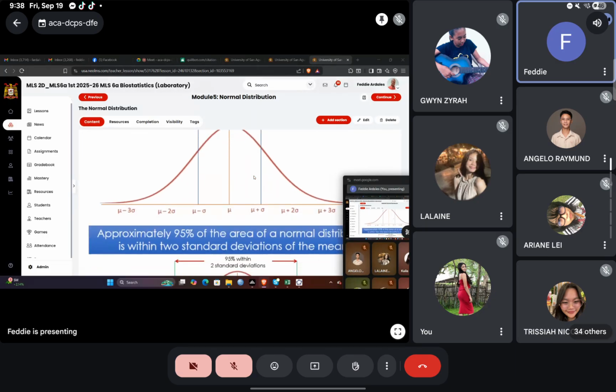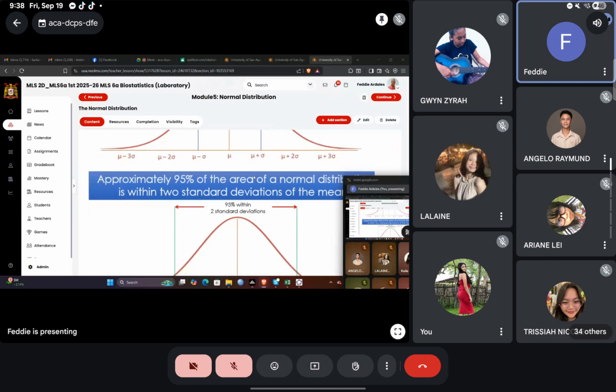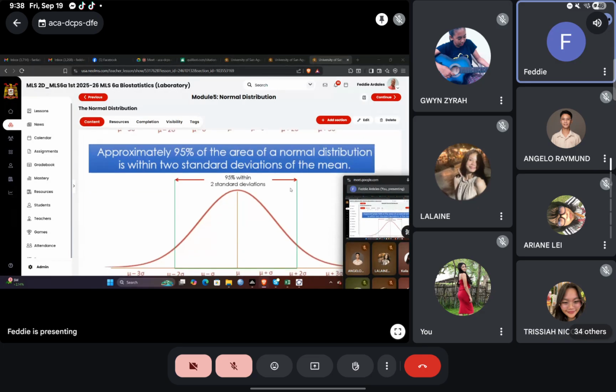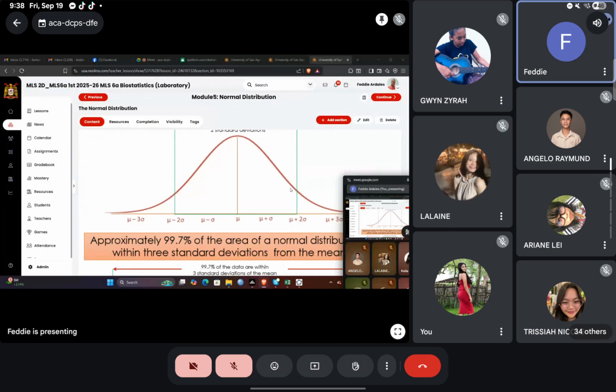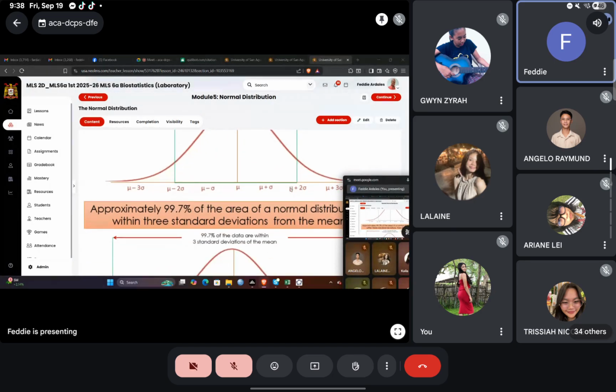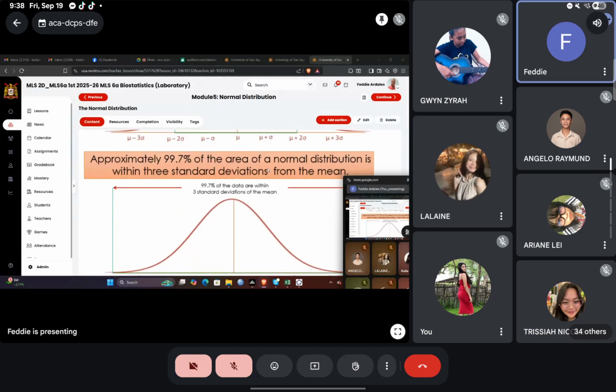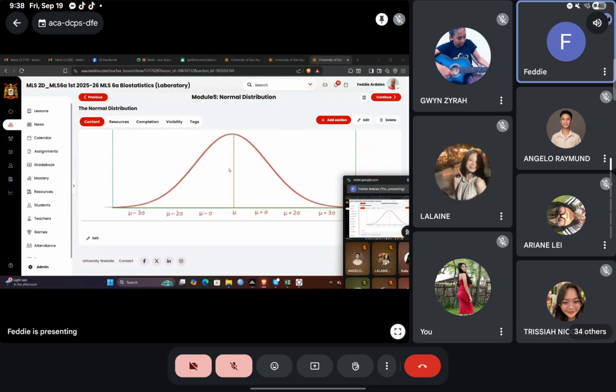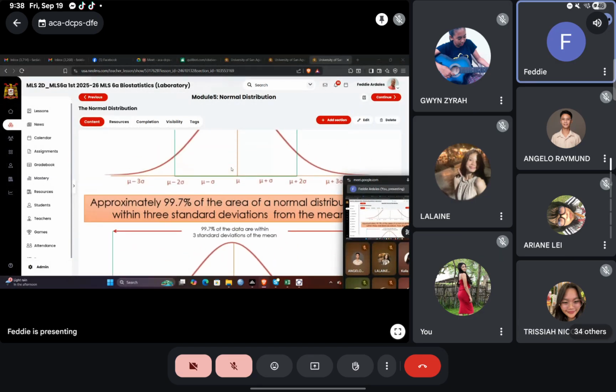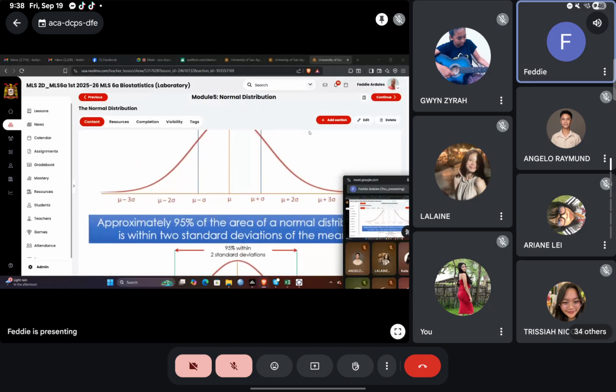Approximately 95% of the area of a normal distribution is within 2 standard deviations of the mean. And approximately 99.7% of the area of the normal distribution is within 3 standard deviations of the mean. So we call this the empirical rule. Okay, now let's continue.